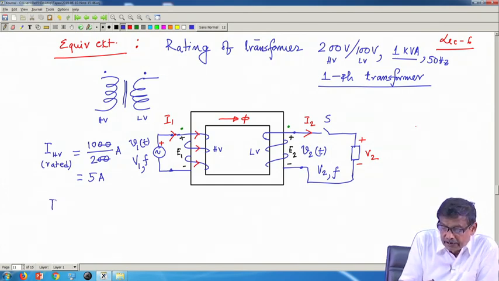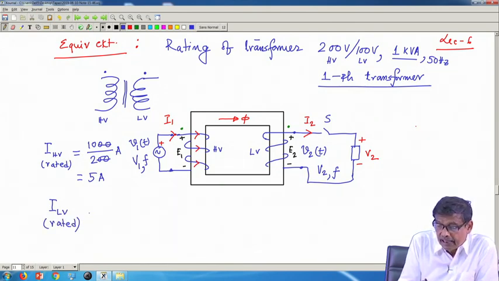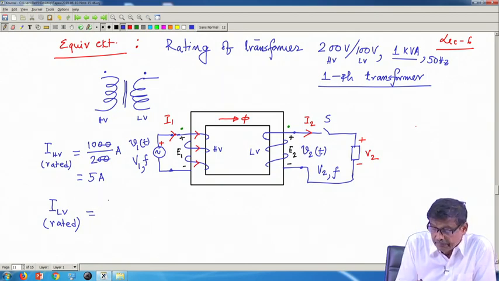Similarly, I will calculate I LV rated. As the kVA remains the same, it is 1000 divided by 100 ampere, which is equal to 10 ampere.